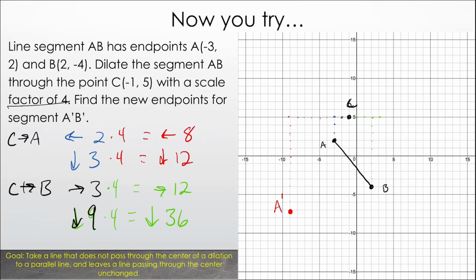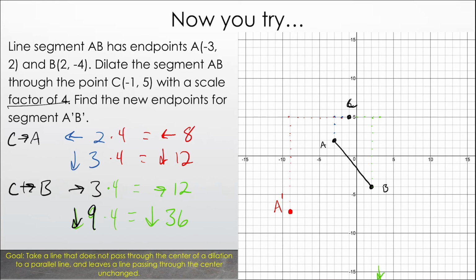Essentially all I'm doing here is adding to my center point's components.